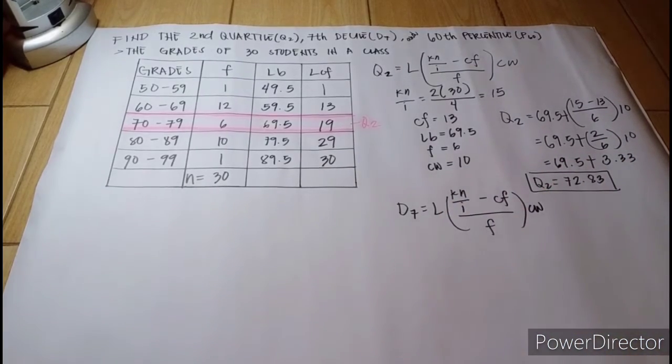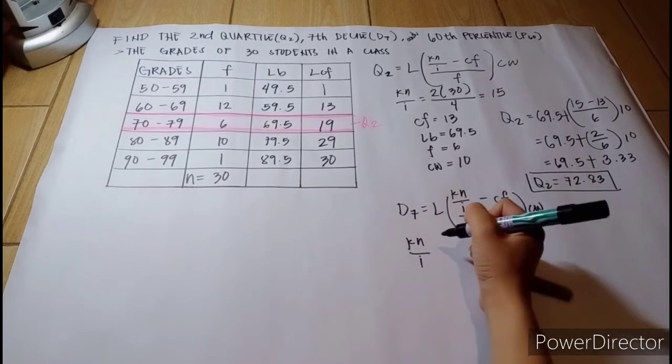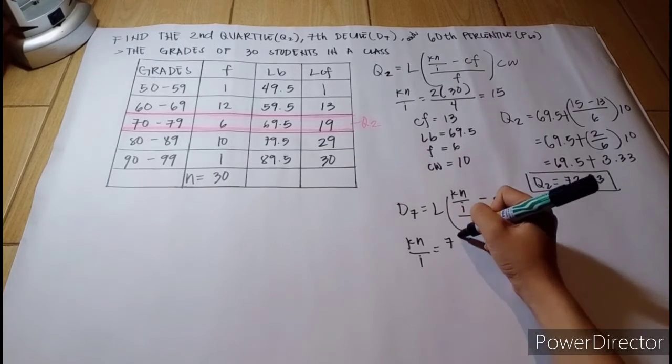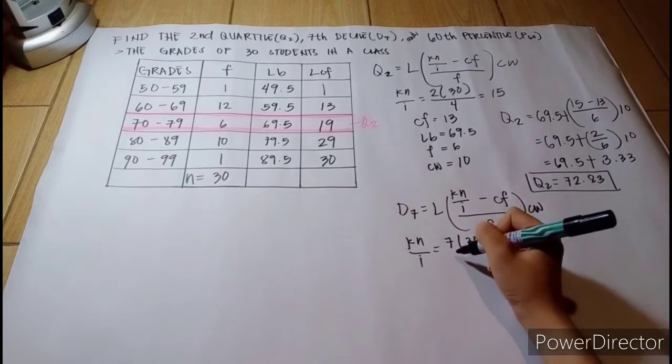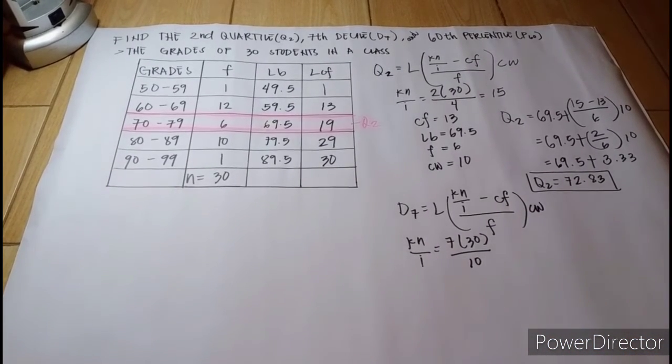Then we need to find Kn over I. So our K is 7 times 30 over 10, 10 because the value of I in decile is 10.